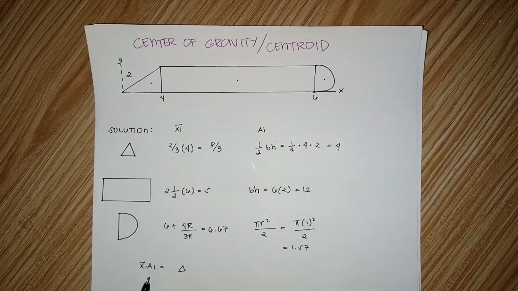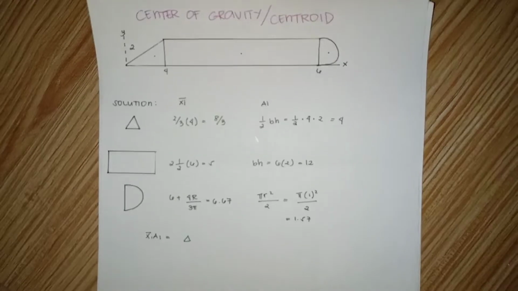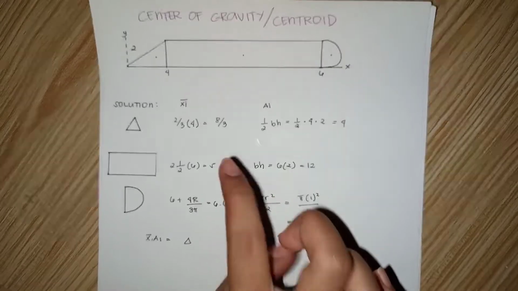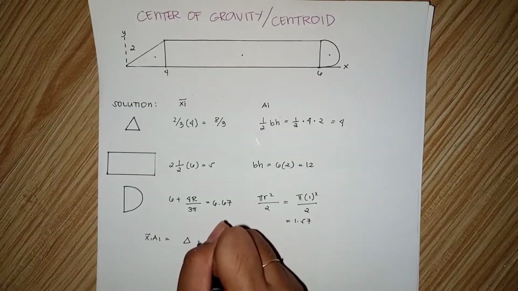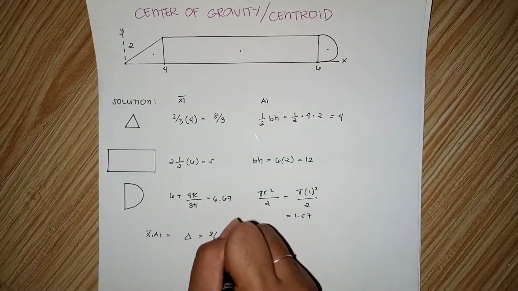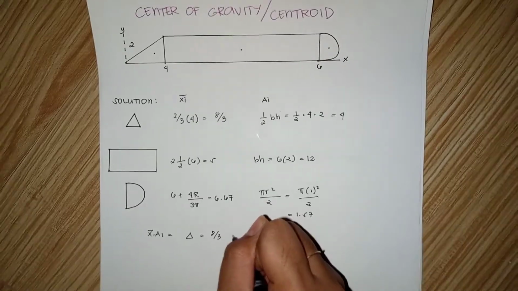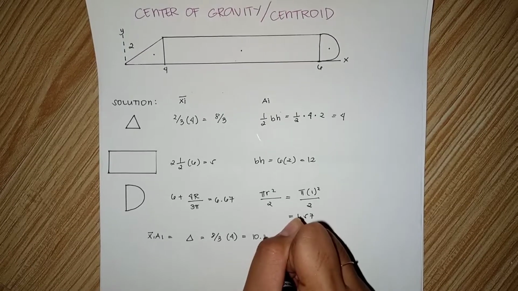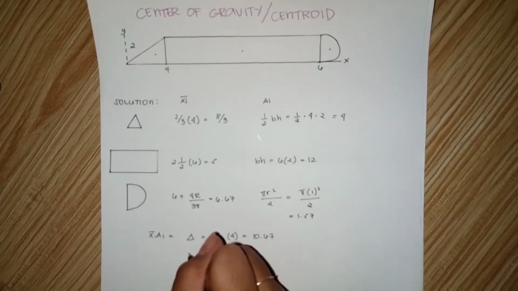So the next step will be the combination of the x bar and the area. So this is going to be the triangle: 8/3 times 4 is equal to 10.67.